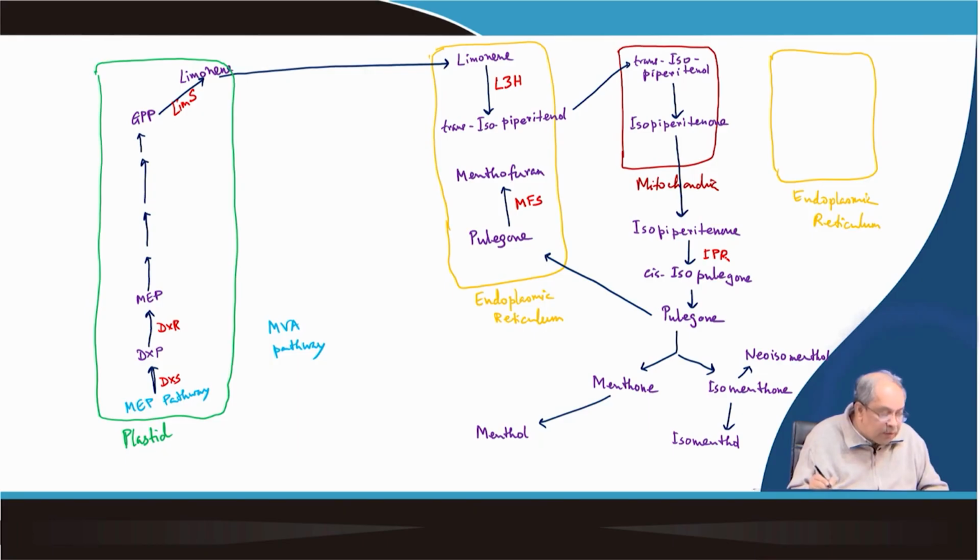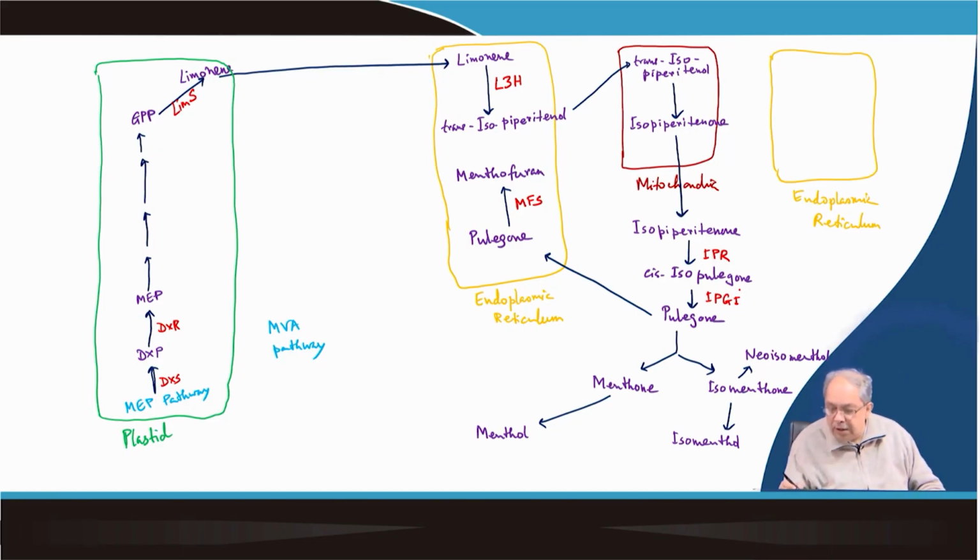Okay, so I will make it as simple as I can. IPGI, yes, cis-isopulegone isomerase. I can put it here. So, IPGI stands for cis-isopulegone isomerase, and IPR stands for trans-isopiperitenone reductase.